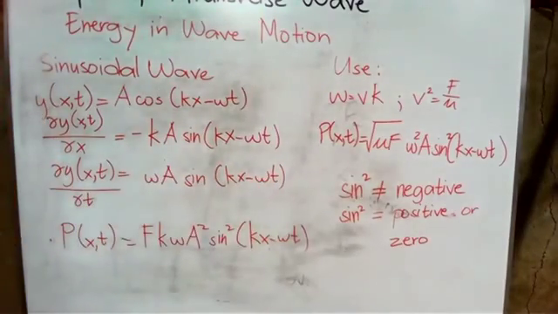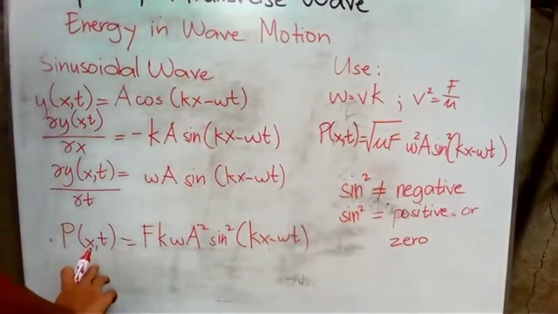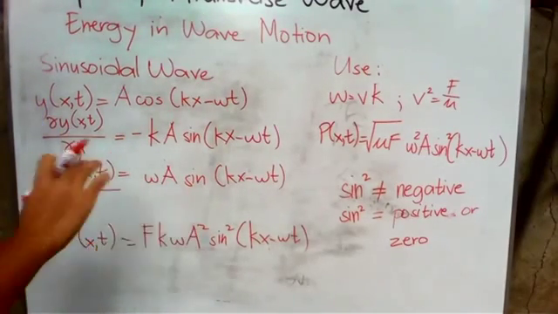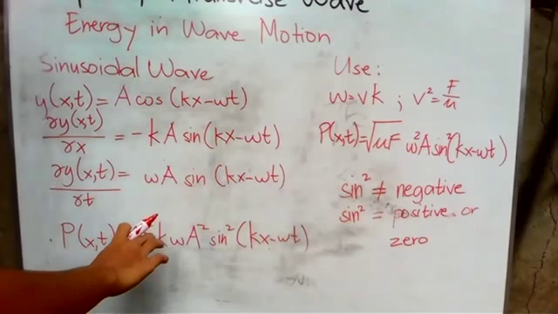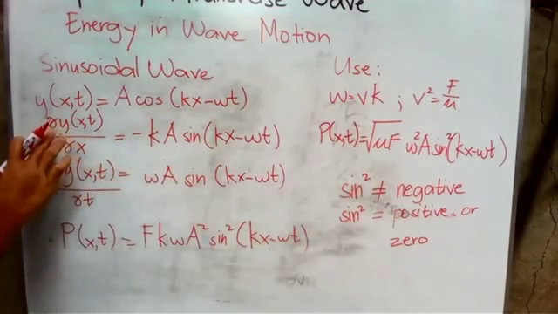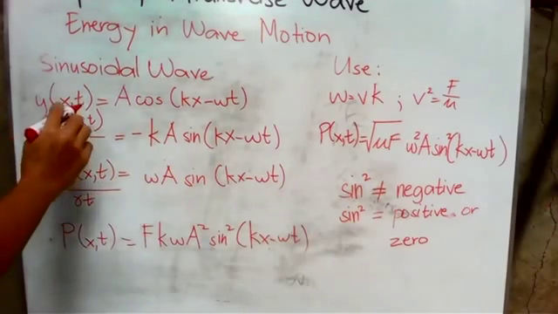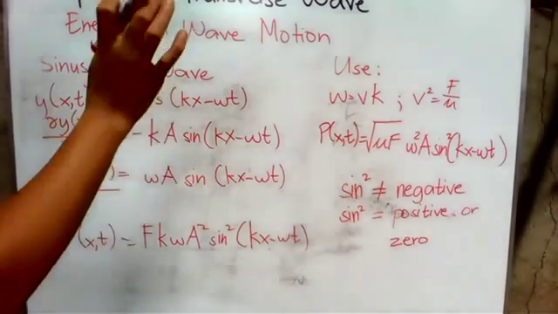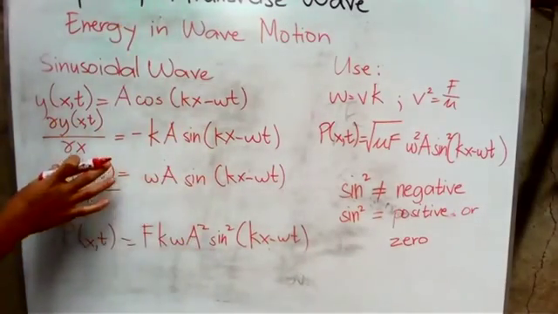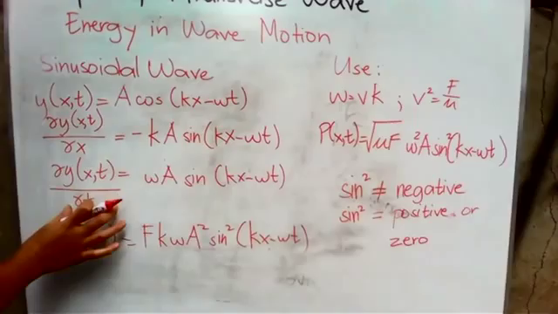We can now have the power, since the power formula is P as a function of x and t equal to negative F times the partial derivative of y with respect to x times the partial derivative of y with respect to t.